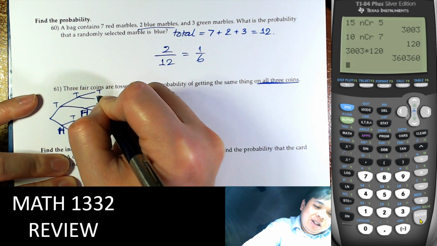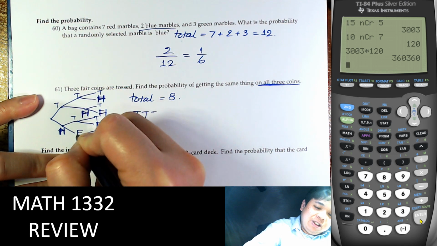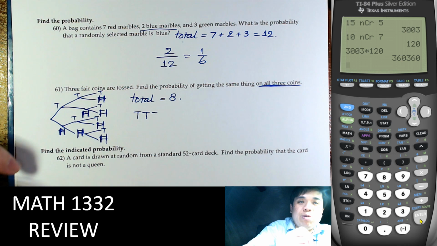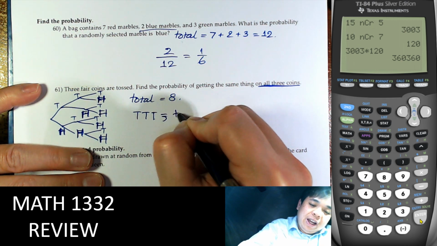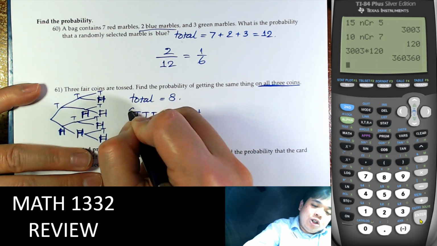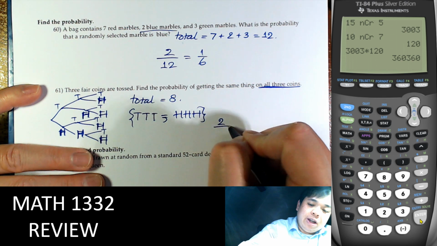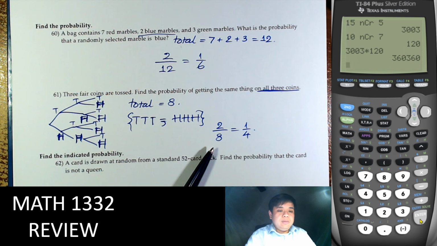So it's the same logic as with true and false, but we use head and tail instead of true or false. So the tail, or we have head. There's 2 of those scenarios, so probability will be 2 out of 8 or 1 out of 4. Right, so there's 8 total, and out of those, 2 of them have the same thing on 3 coins, tails or heads.